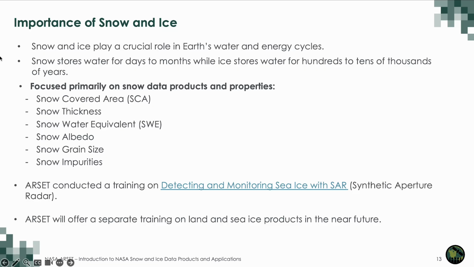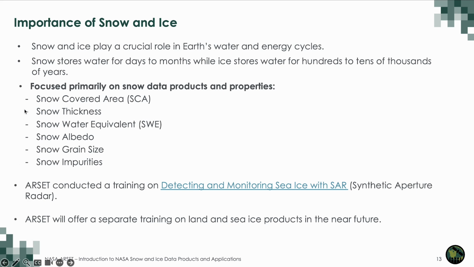And then we focused primarily on snow data products and properties, and we really did not talk much about the ice products in this webinar series for two reasons. First, the focus was mostly on a shorter time scale where snowmelt and snow water equivalent contribute to water supply. And then there is a lot more information about land and sea ice that we plan to cover in the future.